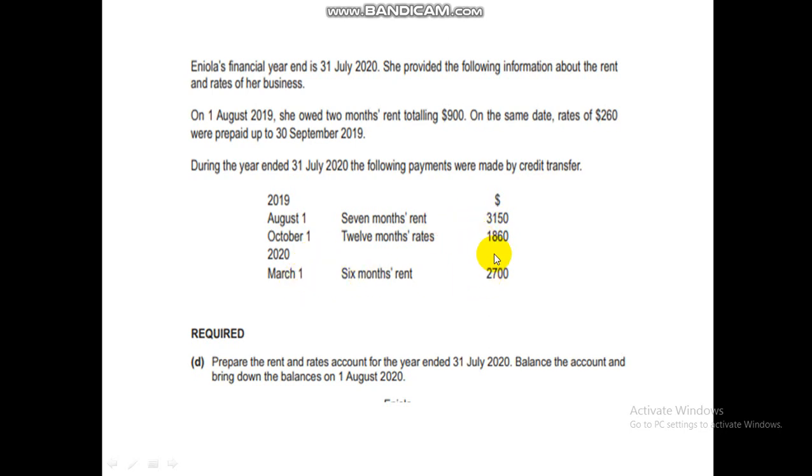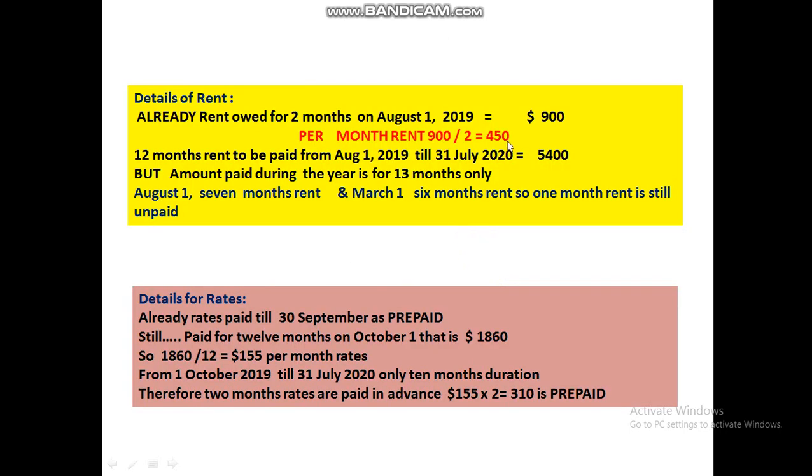During the year, 13 months rent is paid by Eniola, but actually 14 months payment was required. It shows that 1 month rent is still due, and that 1 month rent which is still unpaid will be the amount of 450, which should be shown as the credit balance in her account.